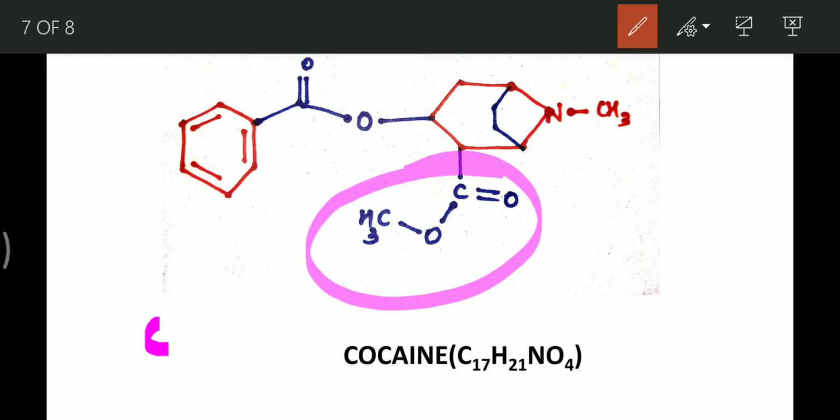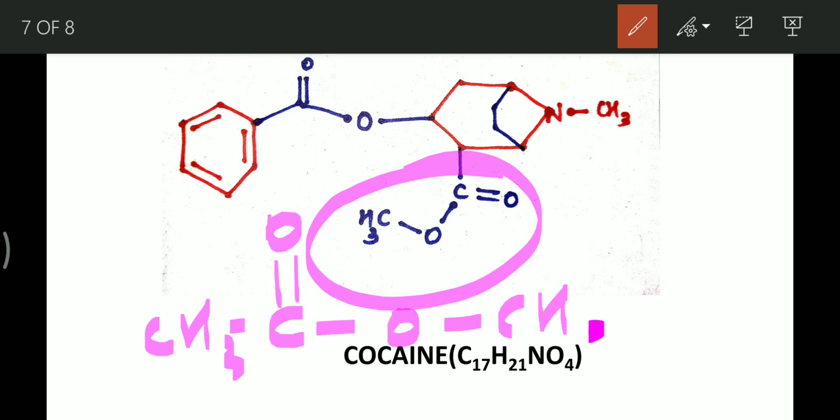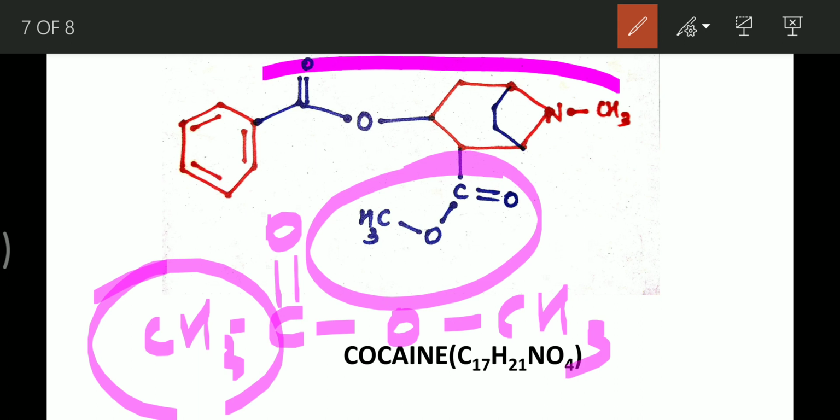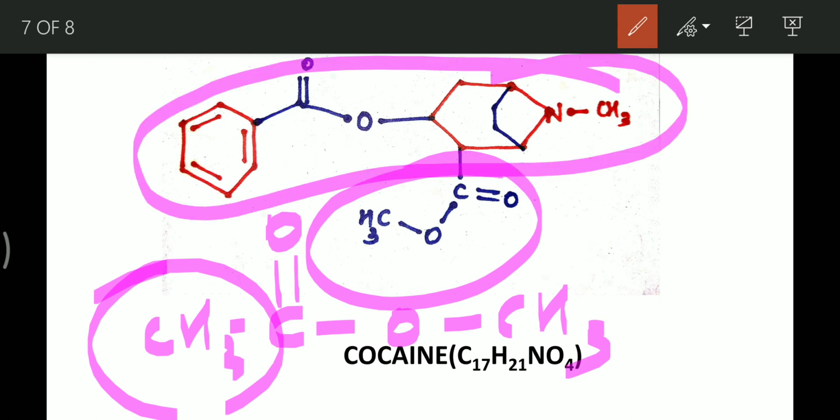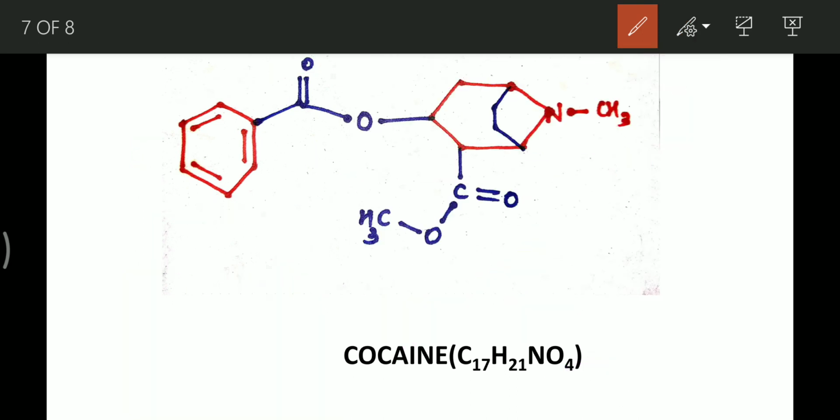So in methyl acetate ester we have CH3, C double bond O, O, CH3. So out of that, this CH3 is replaced by this complete structure. You can remember like that also. So which is easy for you, you can remember in that way. So that is about the structure of cocaine.